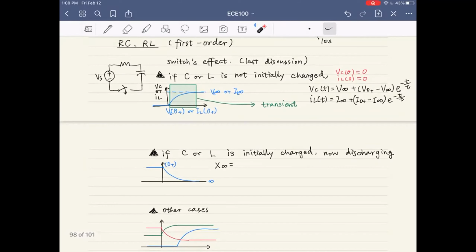After you solve several exercises, you may find something in common: the solution is always in such a form. So we are discussing the DC situation.